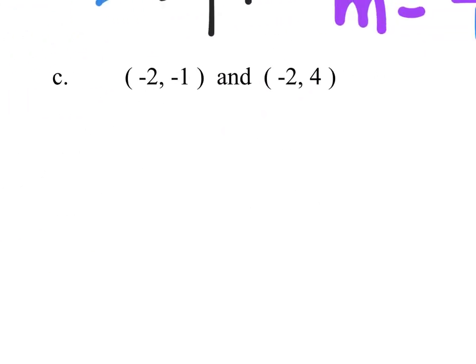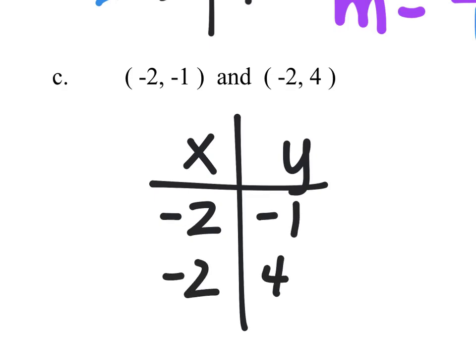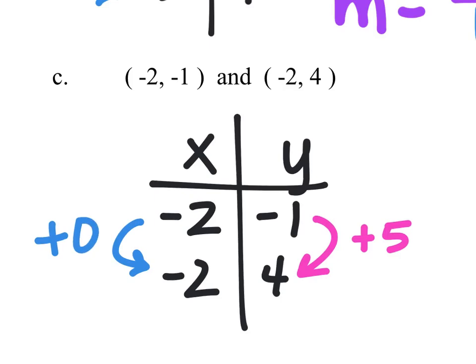We're going to use the slope table again. -2, -1, -2, 4. How did I get from -1 to 4? I went up 5. How did I get from -2 to -2? I added 0.